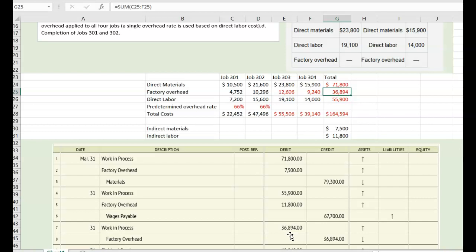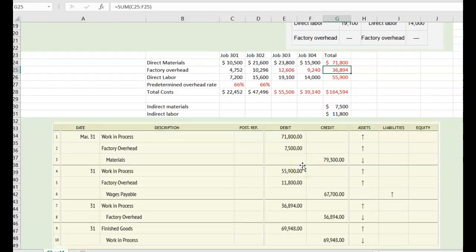Now in the real world, there's far more than just one account used, and the credit usually is to an account called factory overhead applied or simply applied overhead. But most textbooks simplify this and treat all factory overhead, whether it's for supplies or outside services or fringe benefits or indirect labor. Most textbooks, when they teach this, just use one account. So we credit factory overhead for the total amount of overhead that was applied to the job.